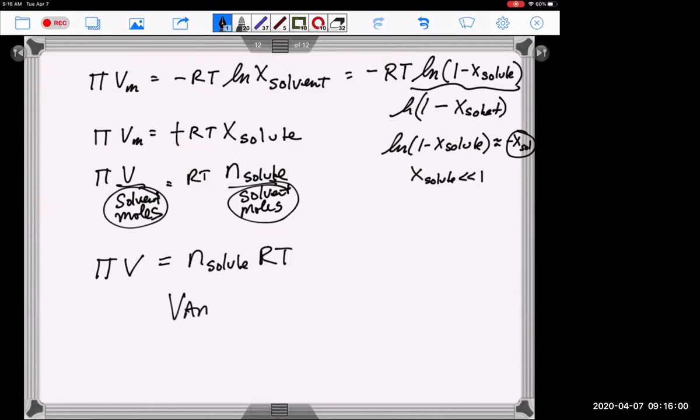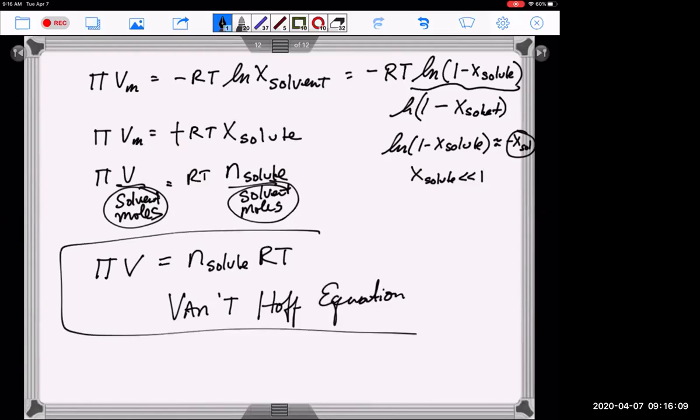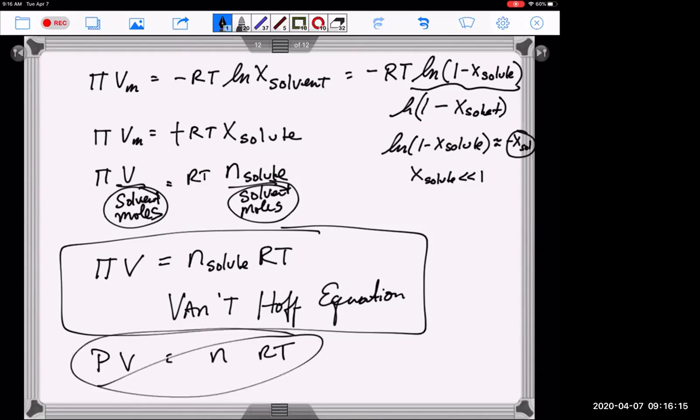This is called the Van 't Hoff equation. And it looks like the ideal gas law. Well, we are not dealing with gases, right? We're dealing with solutions and its connection to pressures. It's a very interesting result coming from this analysis.